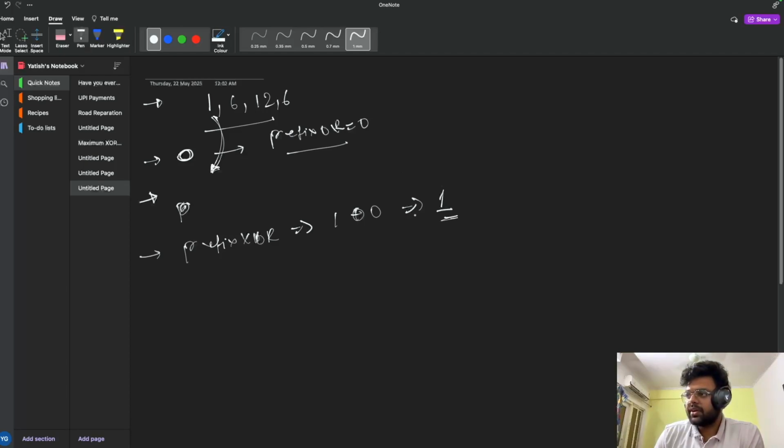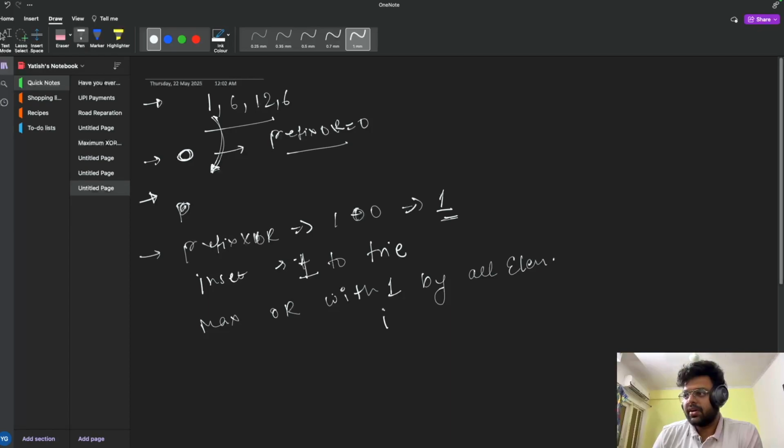Now we insert 1 into the trie, and then we find the maximum XOR with 1 among all elements in the trie. So it would be XOR of 1 and 0, and that would be 1. So the maximum XOR till 1 would be 1 only.